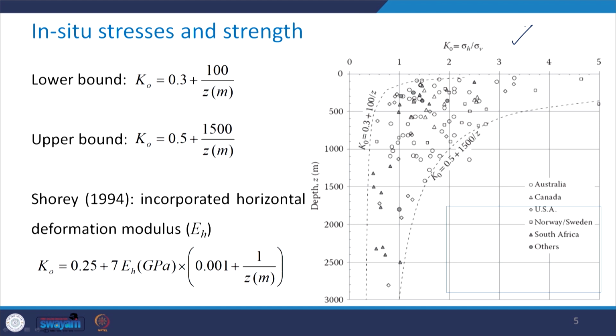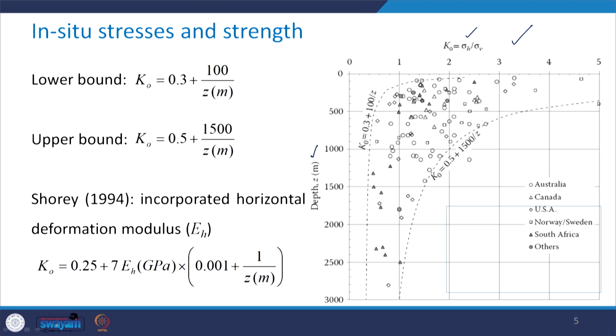Again, these are from countries such as Australia, Canada, US, Norway or Sweden, South Africa and others. When they plotted all this data in K naught versus depth space, you can see that the complete data can be confined between two bounds.